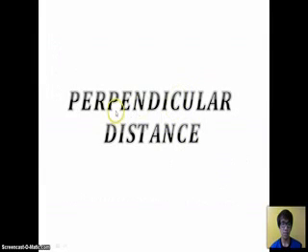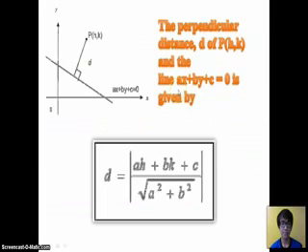So the next topic is perpendicular distance. The perpendicular distance of P(h, k) and the line Ax plus By plus C equals 0 can be found by using this formula: d equals modulus of Ah plus Bk plus C divided by the square root of A squared plus B squared.